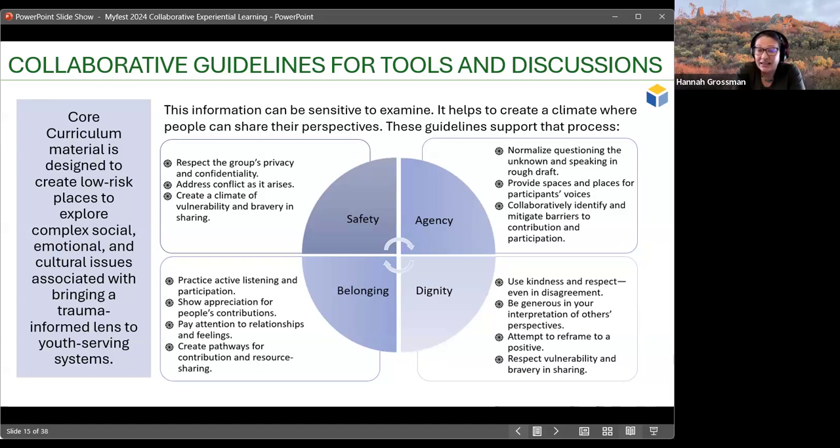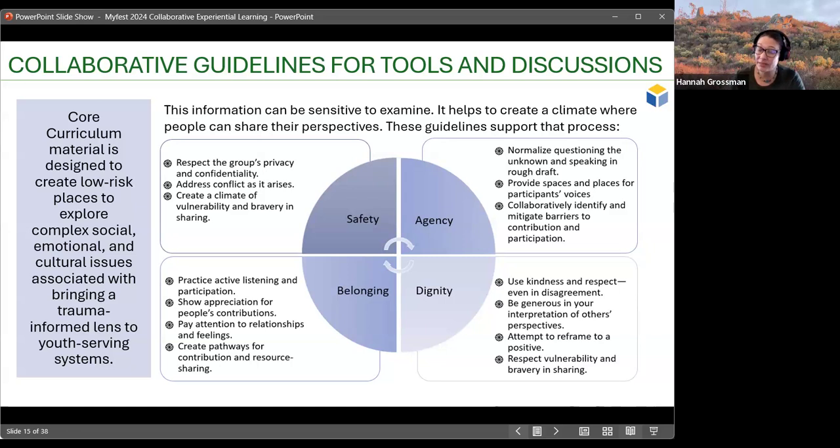To dignity, we use kindness and respect, even in disagreement. We work on being generous in our interpretation of others' perspectives. We attempt to reframe to a positive. We respect vulnerability and bravery in sharing.